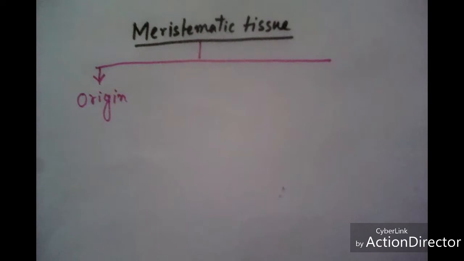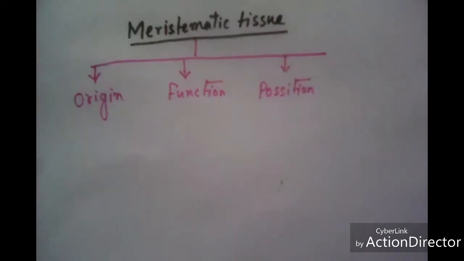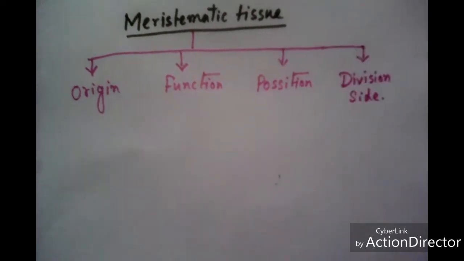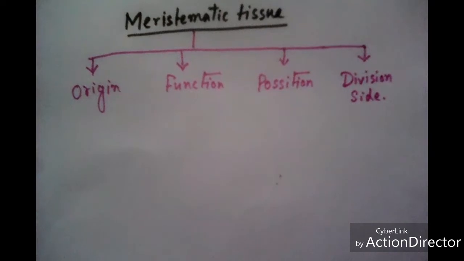Meristematic tissue are of various types according to their origin, according to their function, according to their position or location, and according to their division site or plane of division.